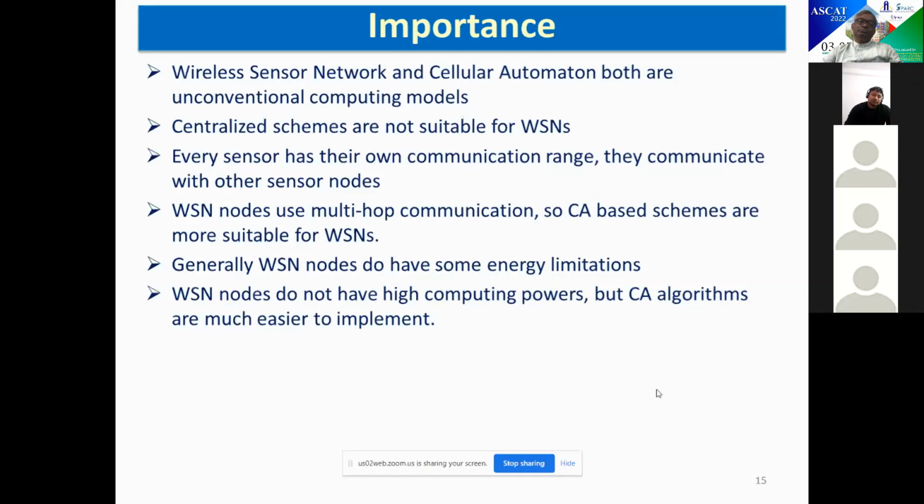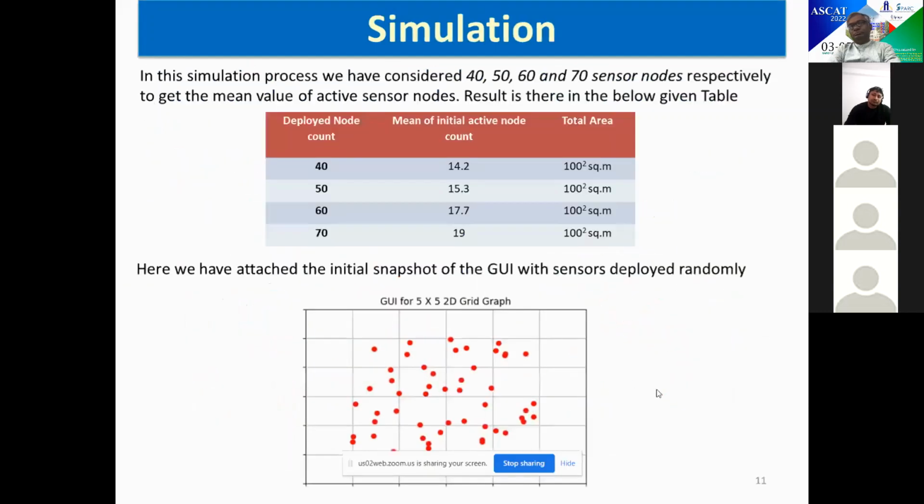So if the number of grids is larger, obviously more nodes will be active at a given point in time. As you can see here, if my nodes are not well dispersed, if I deploy the nodes in a manner where most of the grid is not covered, then it can be a problem, but otherwise it will not depend.